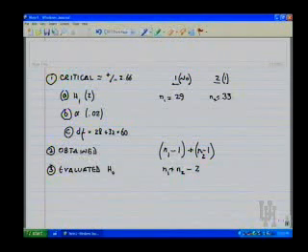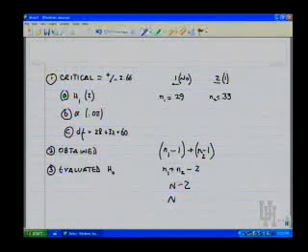And since N1 plus N2 is the number of people in the study, we could rewrite this as uppercase N minus 2. There are two groups in the study, would you agree? People without children, people with children.